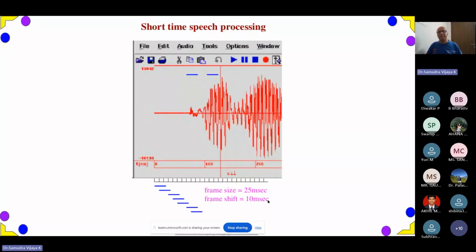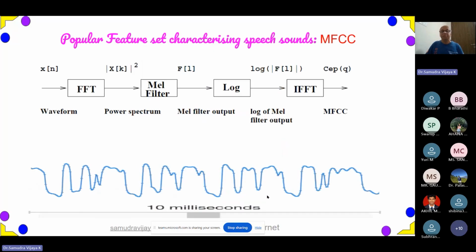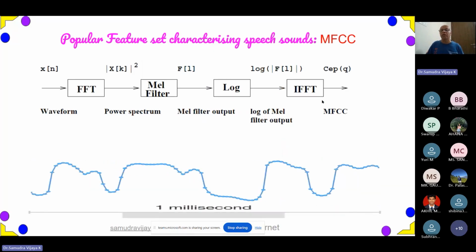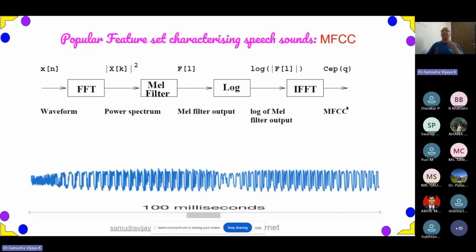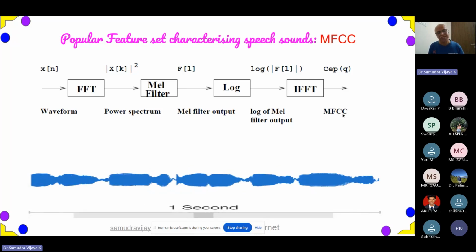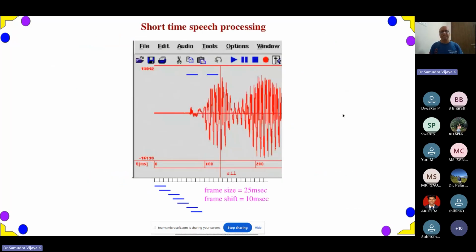In general, frames are shifted by 10 milliseconds. Therefore, in 1 second of speech, there are typically 100 speech frames or speech segments. Corresponding to each speech frame, you compute one Mel frequency coefficient vector of 13 coefficients. And then there are other properties it can compute.